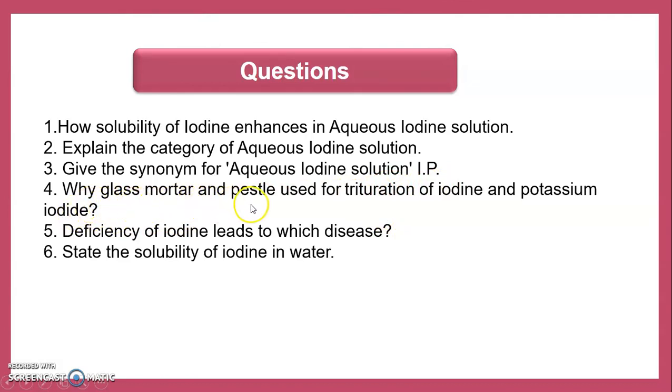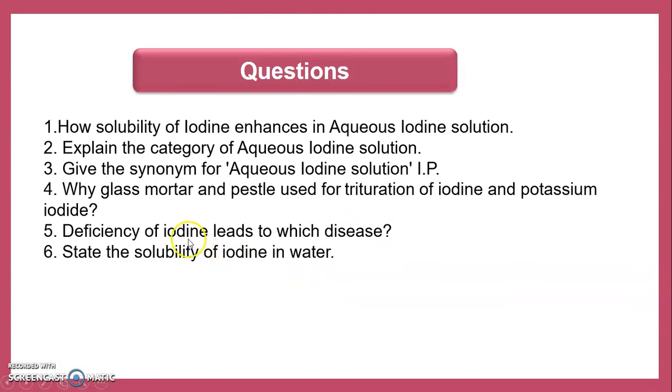Then, why are a glass mortar and pestle used for trituration of iodine and potassium iodide? Why not a clay mortar and pestle? If you triturate in the glass mortar and pestle, it gives a proper trituration process. It is specially made for the trituration of two dry substances.